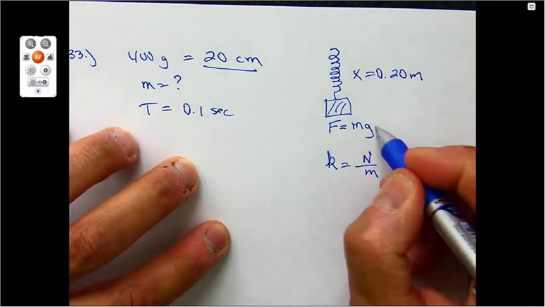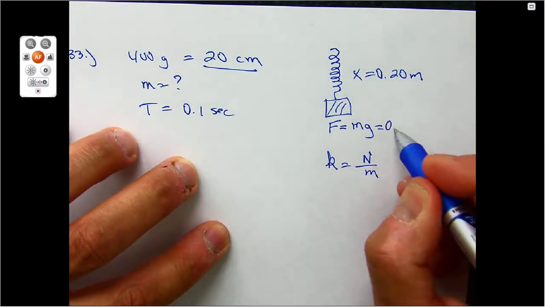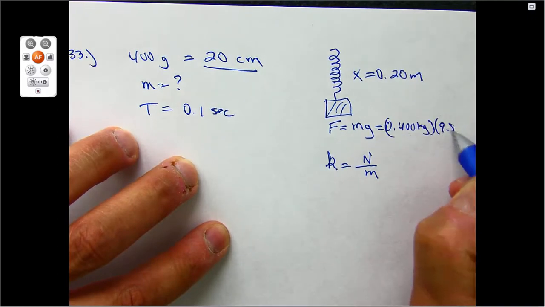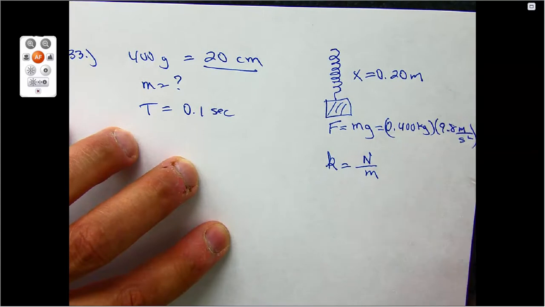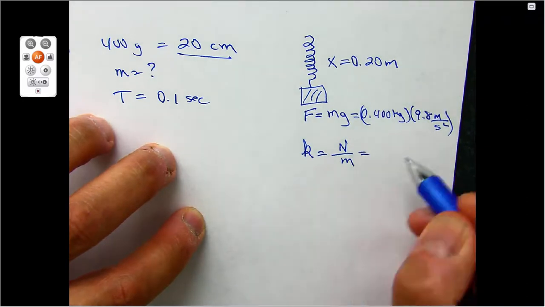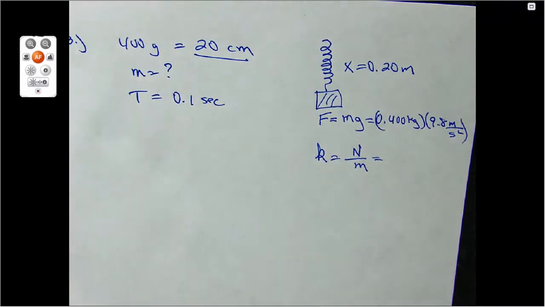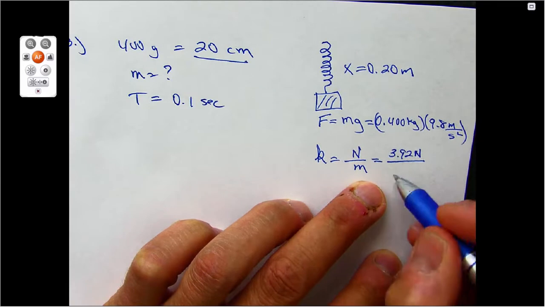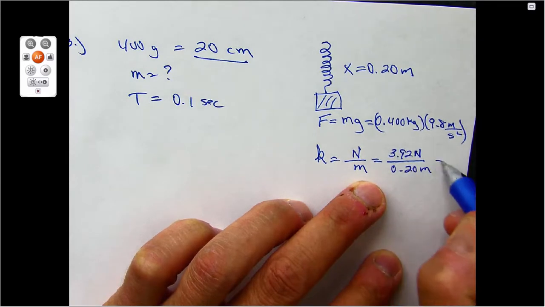So my weight in newtons would be 0.4 kilograms times 9.8, to get newtons per meter, divided by 0.2 meters.